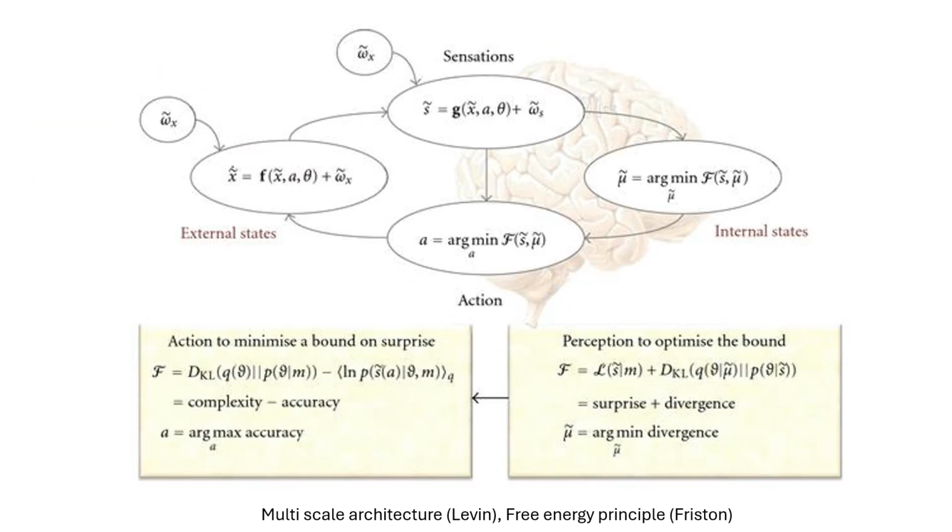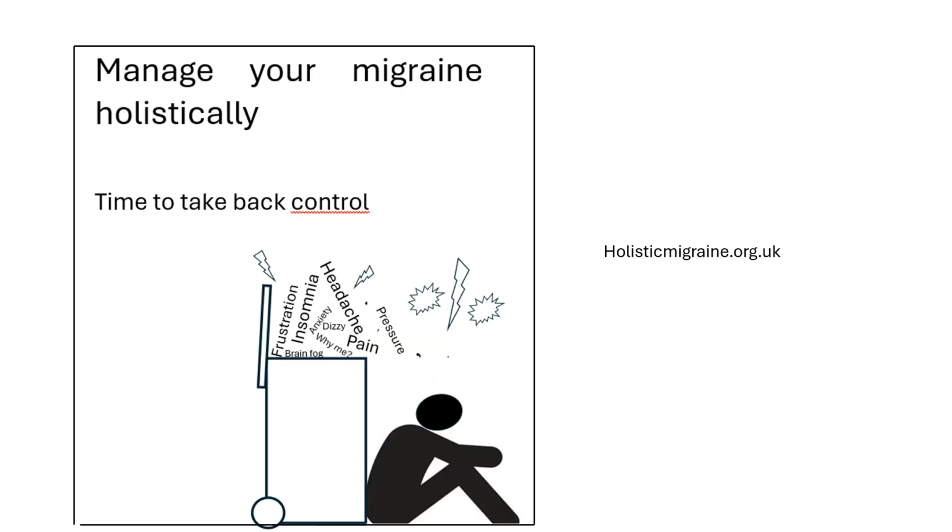If you want to know a little bit more about this, it is perhaps something for another rainy day. I would direct you to the works of Carl Friston and Michael Levin, which gets quite theoretical quite quickly, but is really very interesting. From a practical perspective, what can we do? Well, I'm putting together this project called Manage Your Migraine Holistically. It's got a little bit out of control, but it's almost there. The website is up and running, but not actually yet loaded.